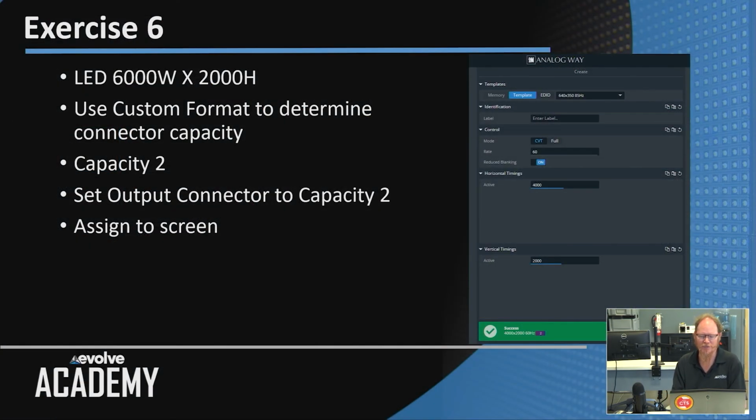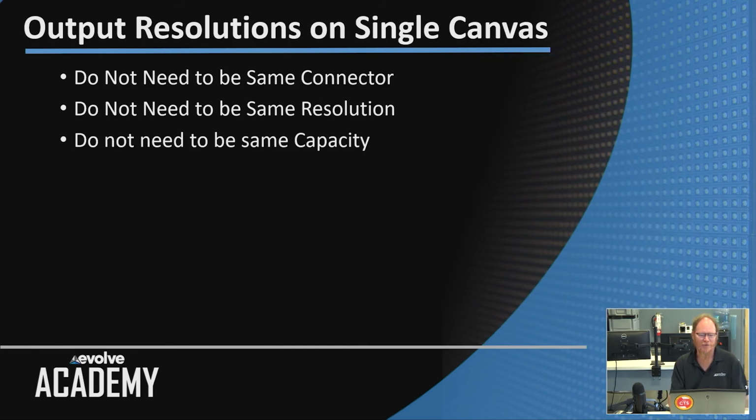So we got one more example in our slide deck. By the way, we only have 4 more slides to go. So one of the huge advantages of LivePremier on a single canvas, without doing anything fancy, the output resolutions on a single canvas don't have to be the same. They don't have to be the same connector.